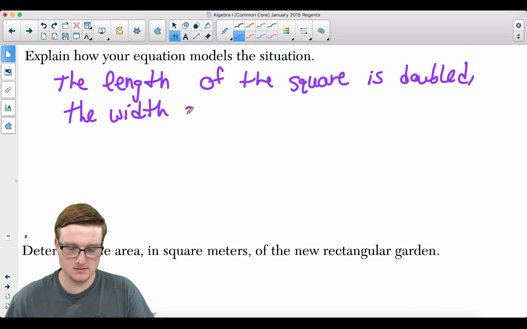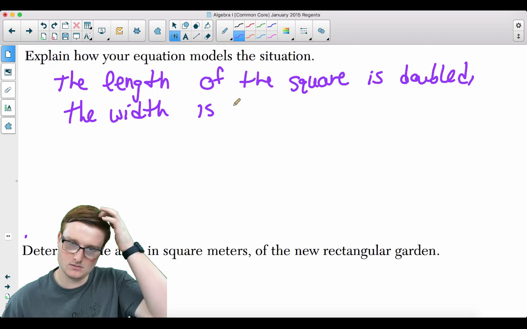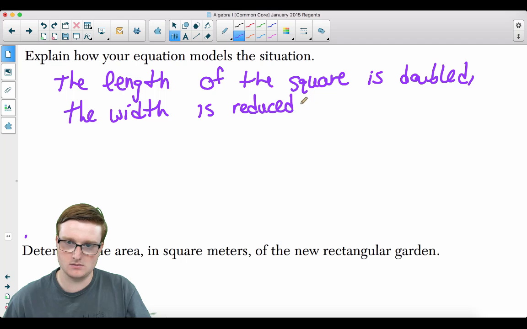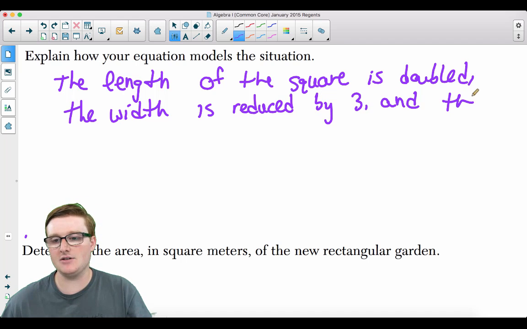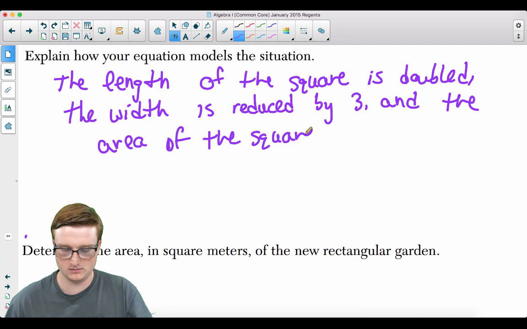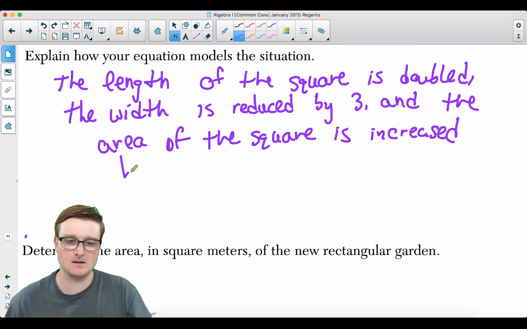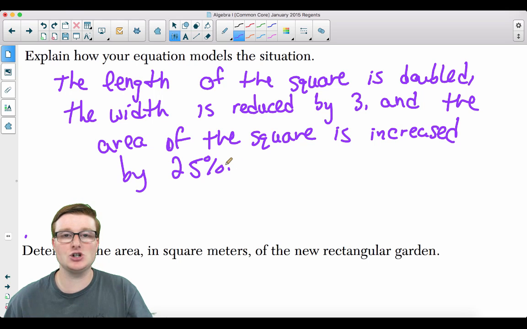The width is reduced by 3, and the area of the square is increased by 25%. And that is your answer.